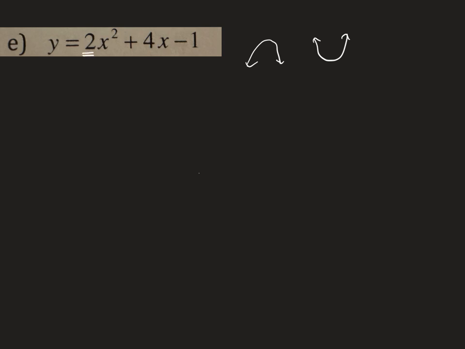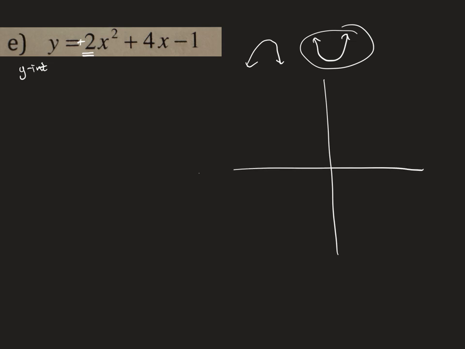You look at that leading coefficient in front of x squared, and since it's positive, that means the graph is going to open upwards. Next thing we can find, fairly easily from this form of the equation, is the y-intercept, which is where the parabola crosses the y-axis. We know the x-coordinate would equal 0, so you just substitute 0 in for x.